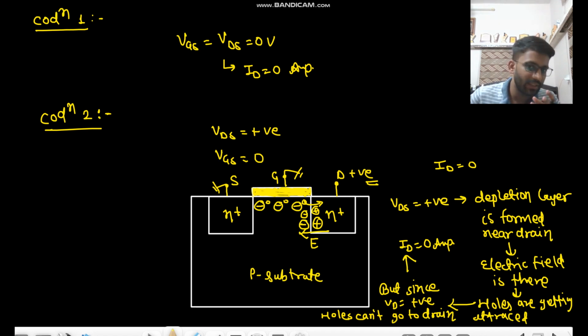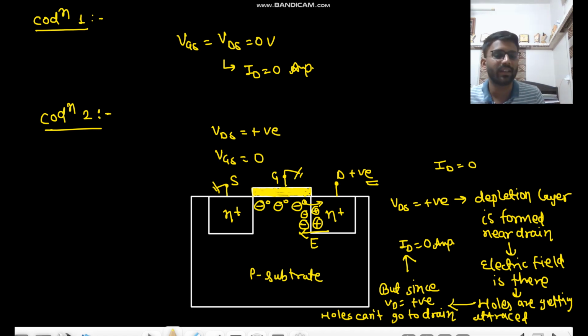The depletion width will get very less, and there will not be a high electric field that can attract the electrons. So we don't apply VDS to be negative as well. I haven't written that in the condition, but I have told you already. We can't apply VD to be negative.